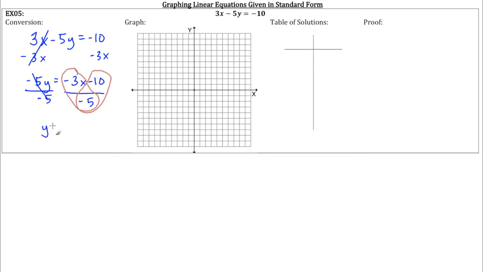So negative divided by negative is a positive. Negative divided by negative is a positive again. 10 divided by 5 is 2. So this is what we have here.